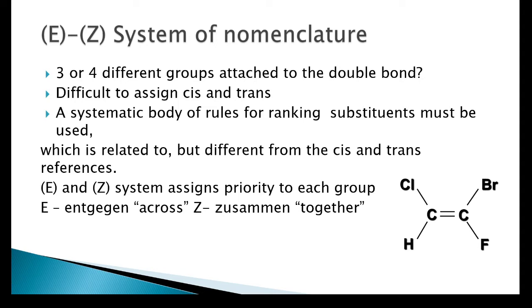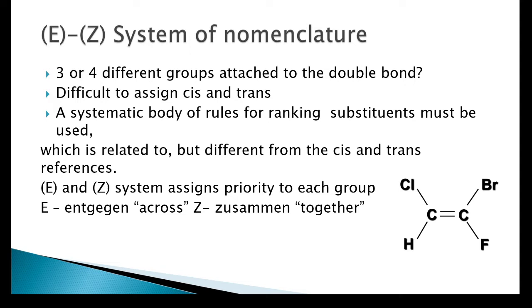All right. The E and the Z come from German words: E means across from and Z means together. If you don't remember the German, obviously, enemies are away from each other. That's the way I remembered E and Z, or I was told to remember it, and it kind of stuck.